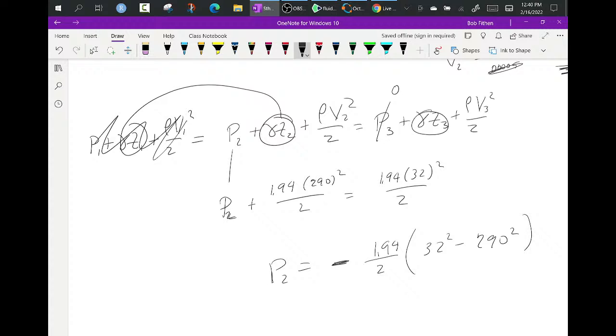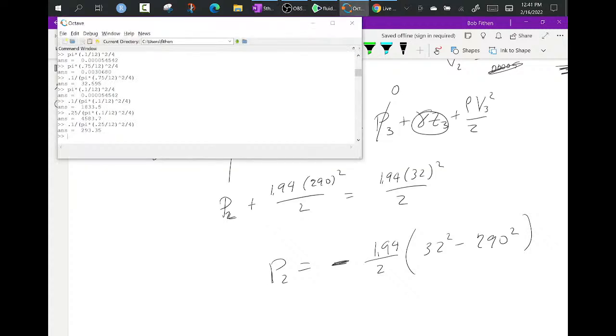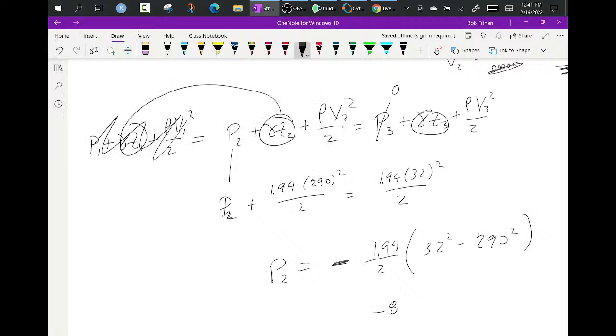But my point is, 32 squared minus 290 squared is a large number, about minus 83,000. That's way unbelievable. Times 1.94 over 2 gives you minus about 80,000 pounds per foot squared.